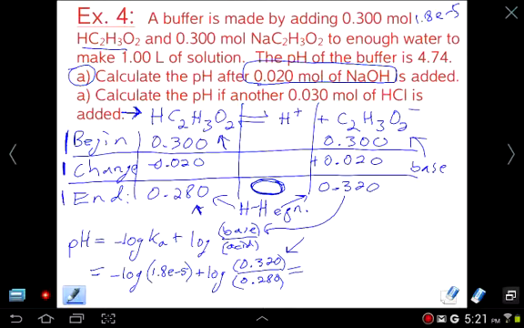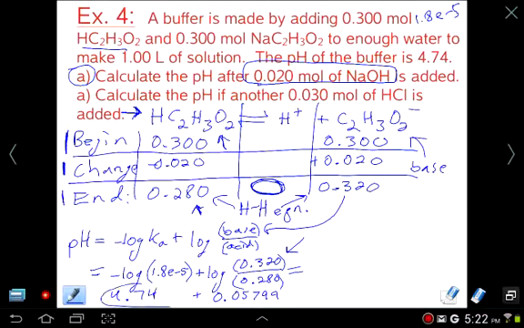So let's try that again here. Take the log of this value, it gives you 0.05799. A negative log of that value gives you 4.74.